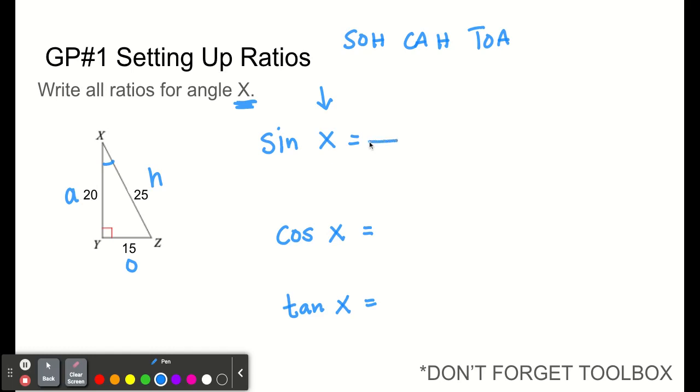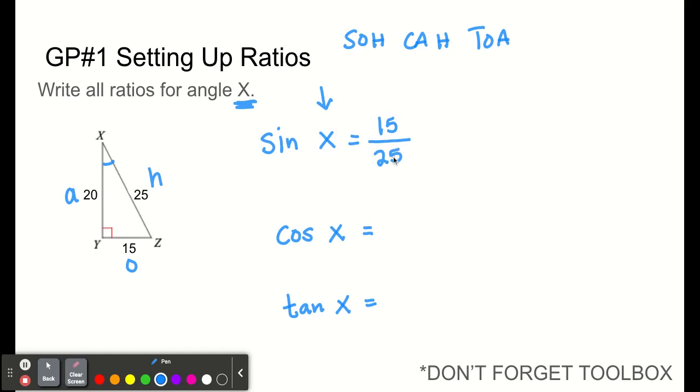So the sine of an angle is equal to the side opposite of an angle divided by the hypotenuse of the triangle. So that would be 15 over 25. So the sine of angle x is equal to the ratio 15 divided by 25.